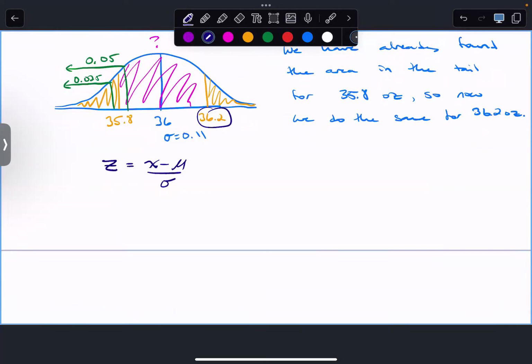The thing I'm interested in is the x, 36.2. So I get 36.2 minus the mean, which is 36, divided by 0.11.